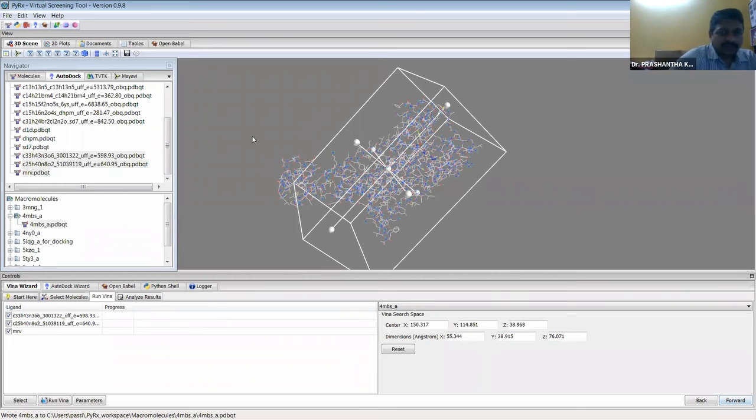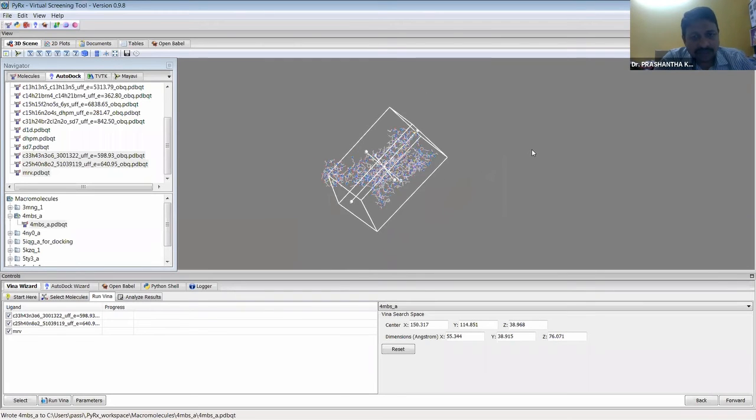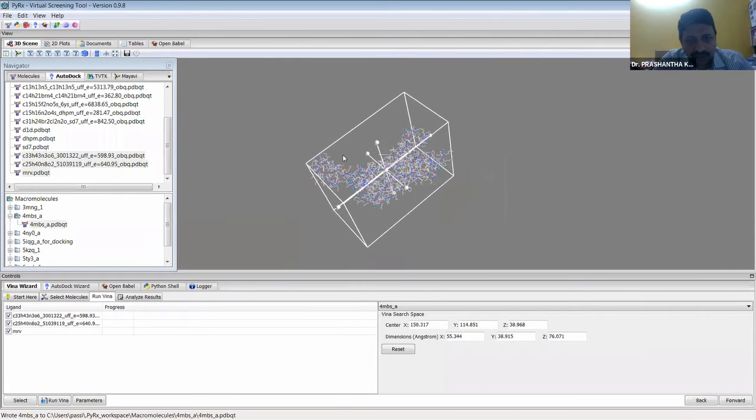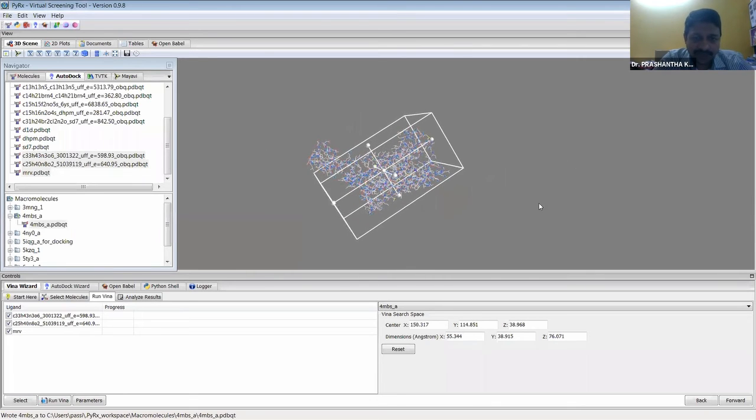Now, this box, whatever we can see here, is referred to as the grid box. The reason for not using 2 chains or making it into a single chain is because of this grid box.